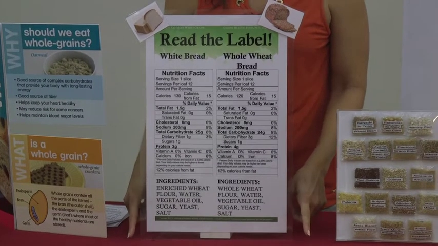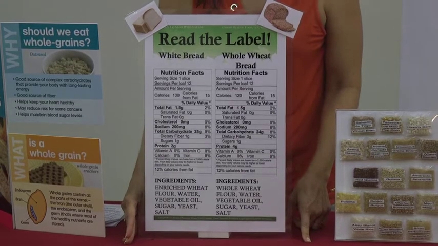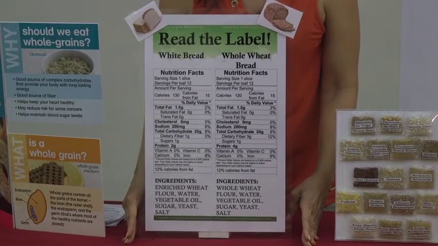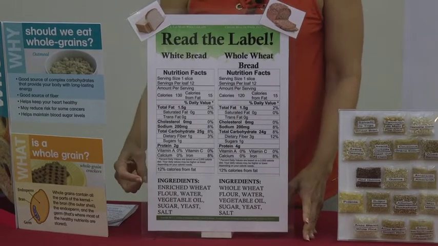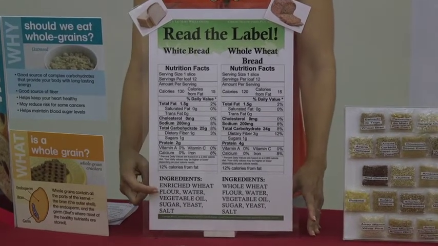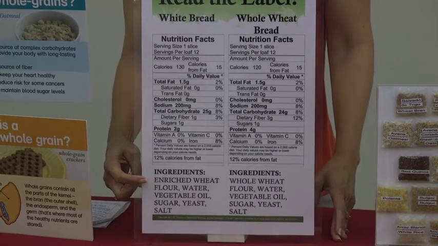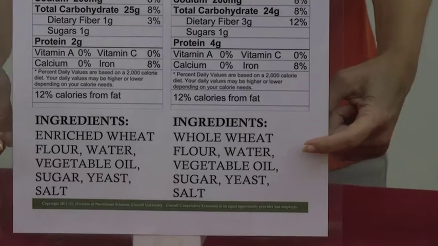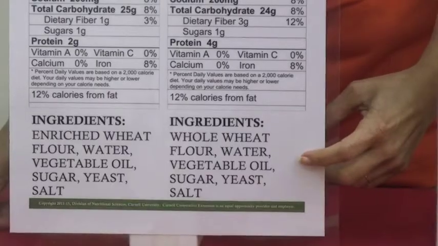Here we have a sample of a slice of bread. On the right hand side we have white bread, and on the left we have a whole grain bread. This is made out of wheat. If we go to the ingredient list, we're going to see that it says enriched white flour, which means that it's not a whole grain. If we go to the left, it's going to say whole grain or whole wheat flour.